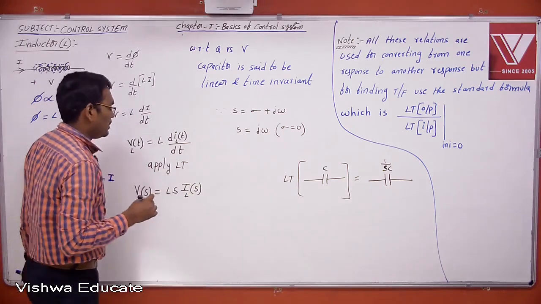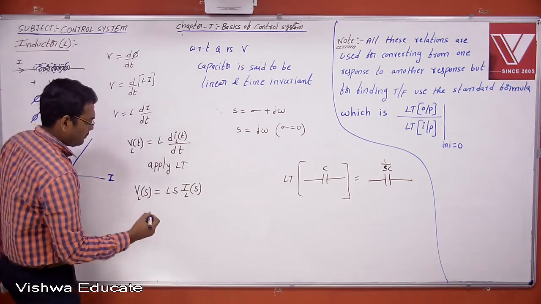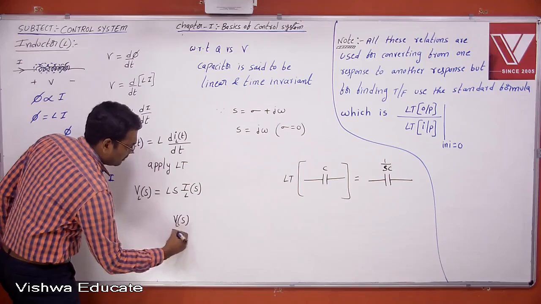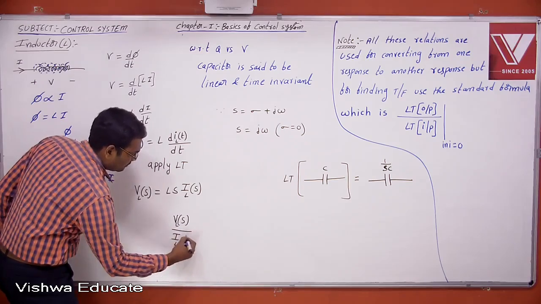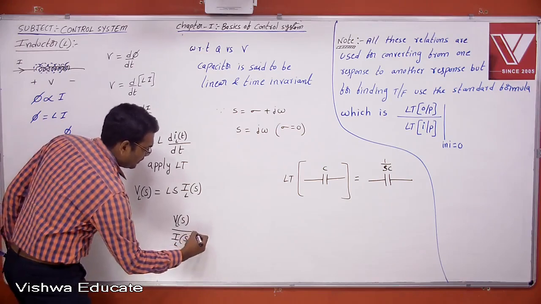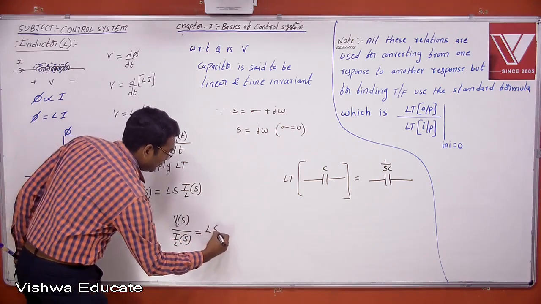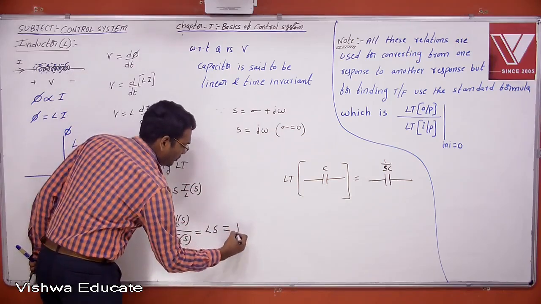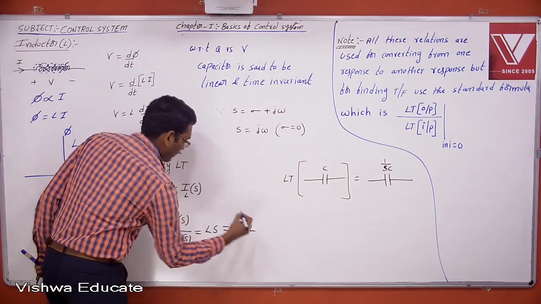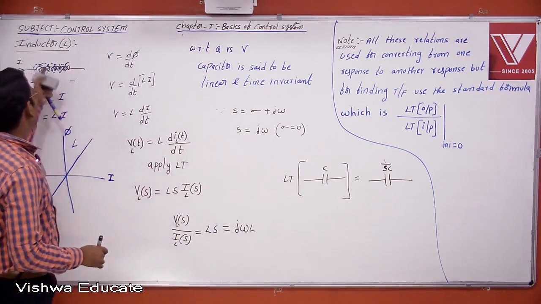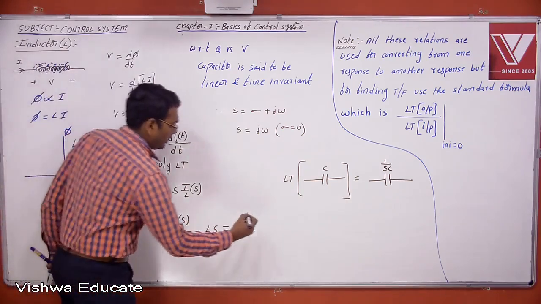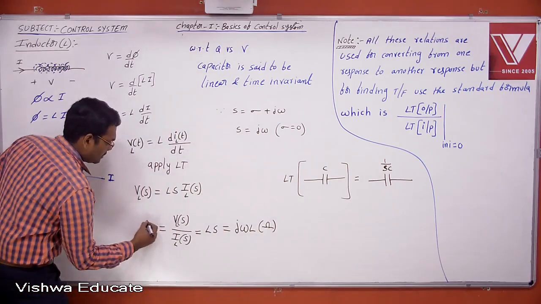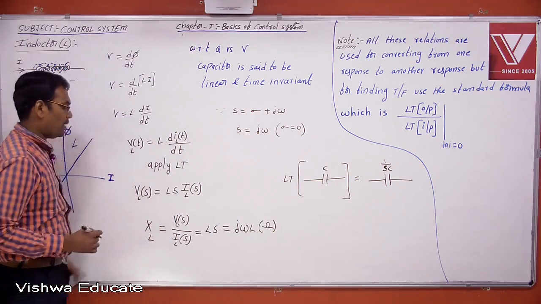Therefore V of s by I of s equals L into s, and if I replace s equal to j omega, this is j omega L. The resistance offered by the inductor is nothing but the inductive reactance, with units of ohms, represented by XL.